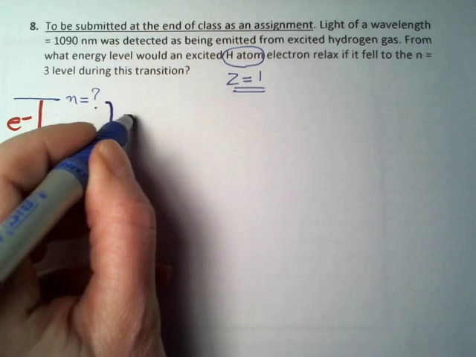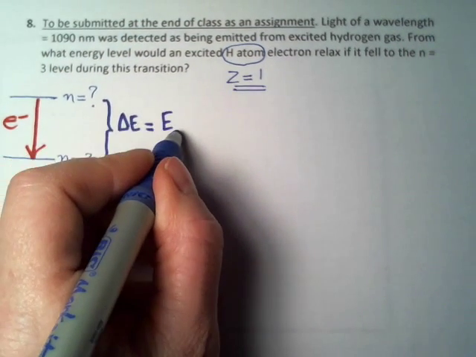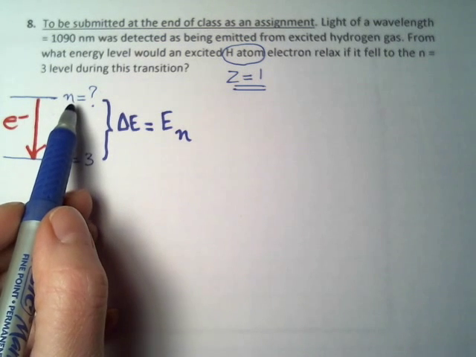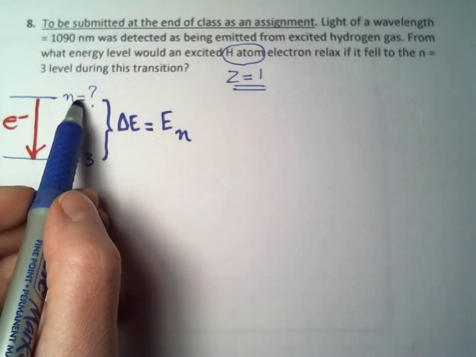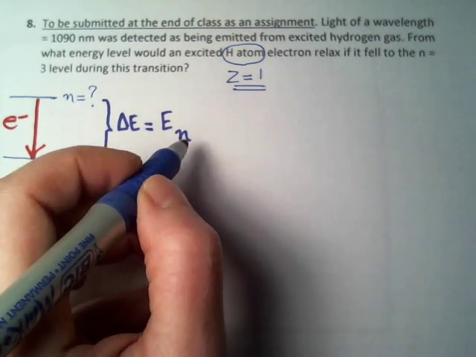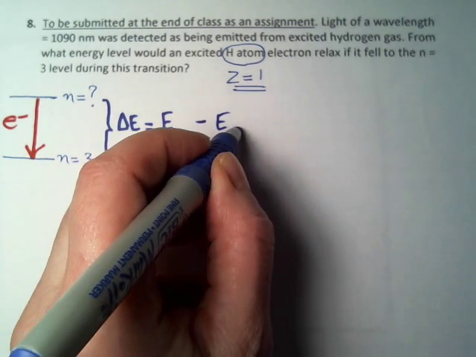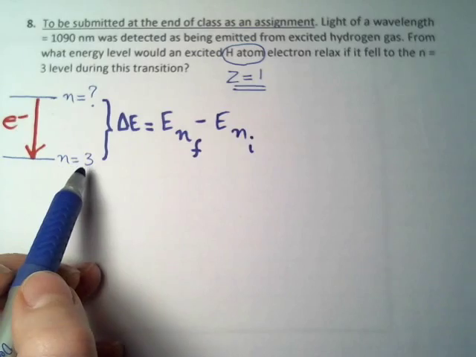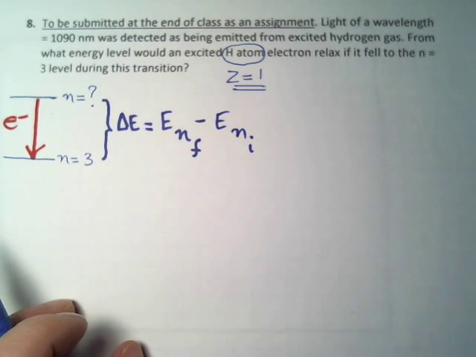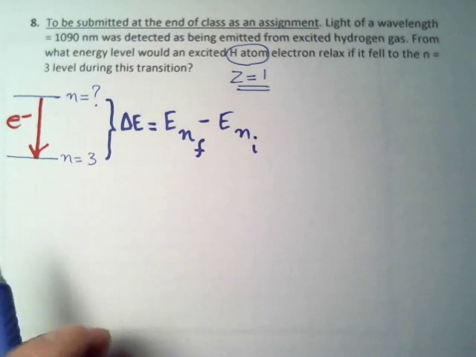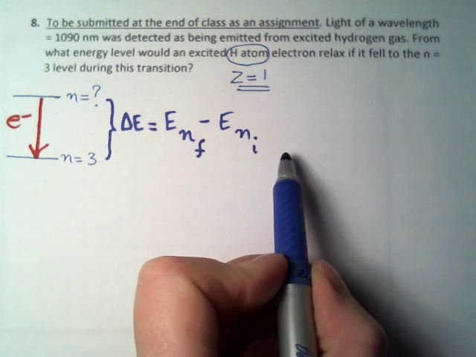The delta E is equal to the energy of this, not this one, but this one, because it's always final minus initial. So let's write it as the energy of the final minus the energy of the initial, and not put in those specific numbers at the moment, because I want to teach you a general approach to these types of questions that will work each time. And that energy is emitted as light.